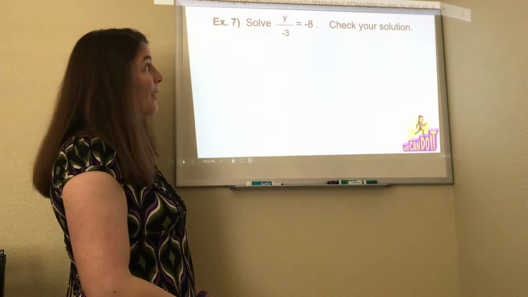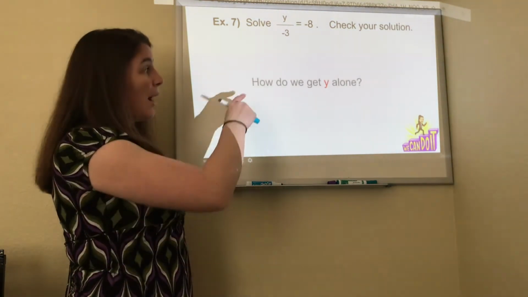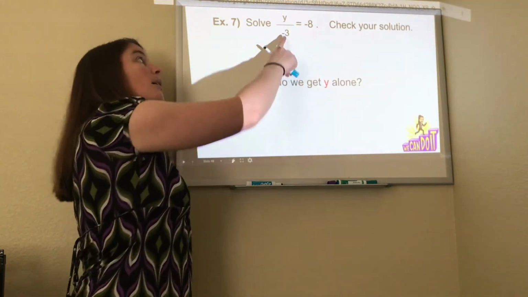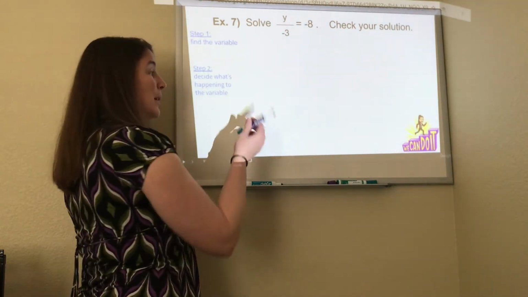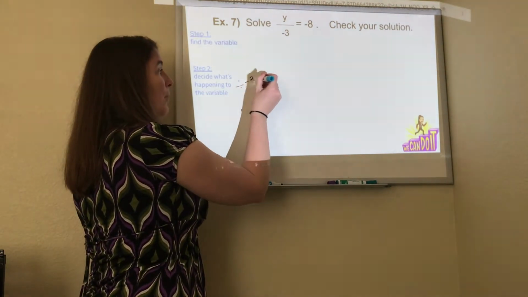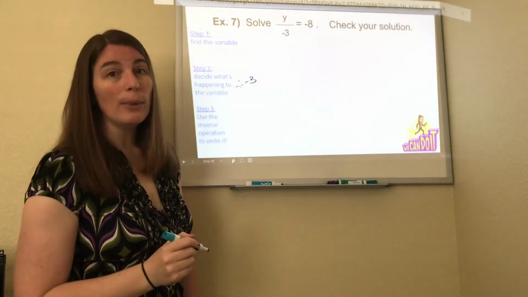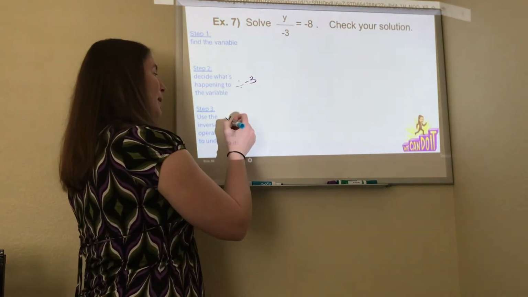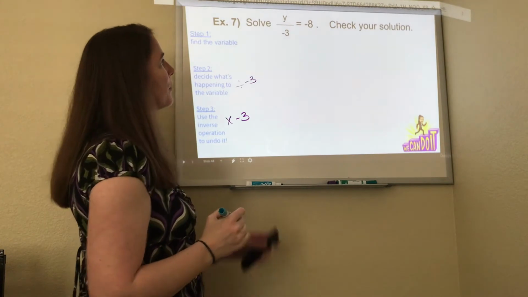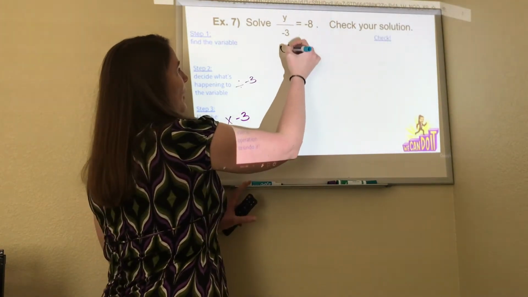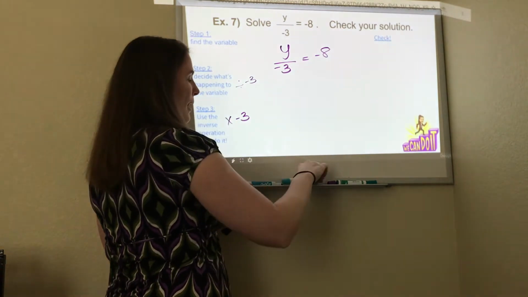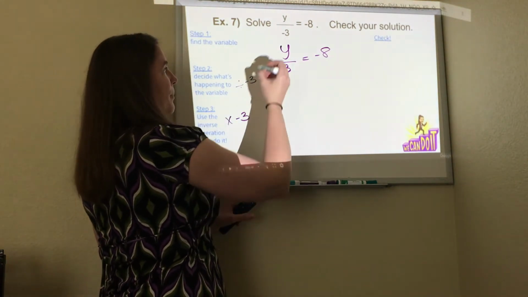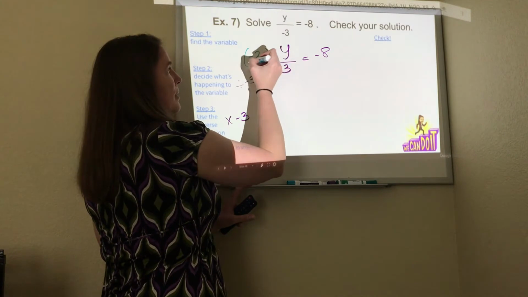Here's example 7. So how do we get Y alone? Well, find your variable. What's happening to it? It's being divided by -3, so we need to undo it by multiplying by -3. So I'm going to write Y divided by -3 equals -8, and then multiply by -3 on both sides.